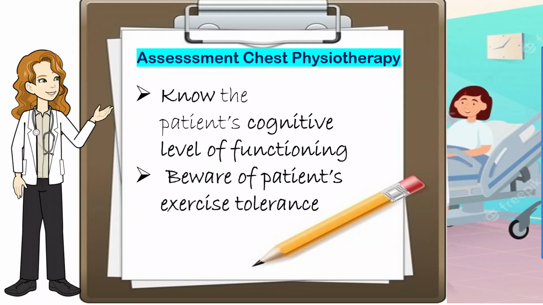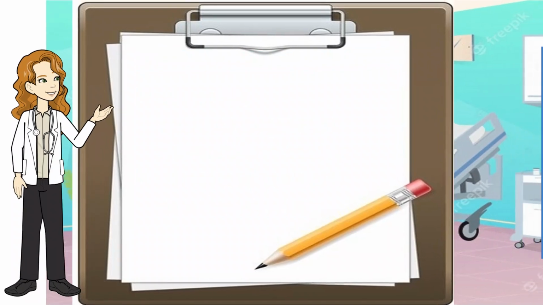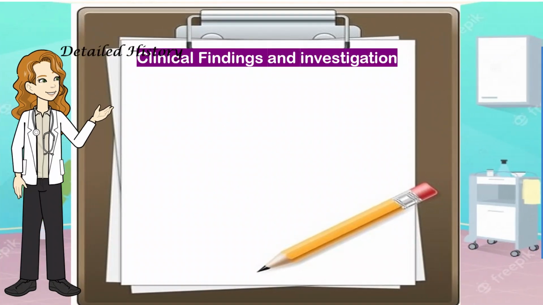So, beware of the patient's exercise tolerance. That is why it is important for you to check if the patient has experienced chest physiotherapy before, and if the patient was able to tolerate the procedure or not. Also check the clinical findings and investigations.